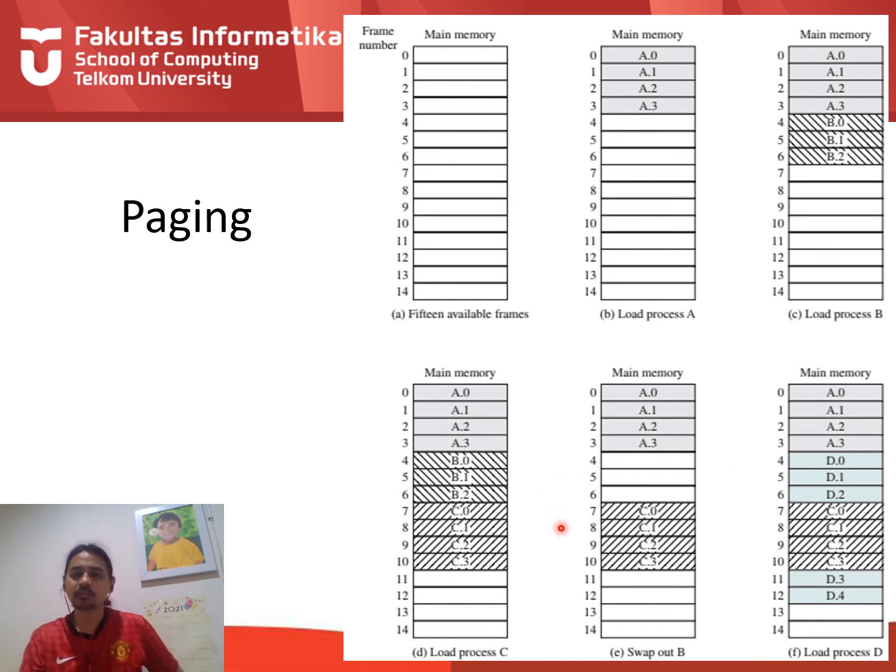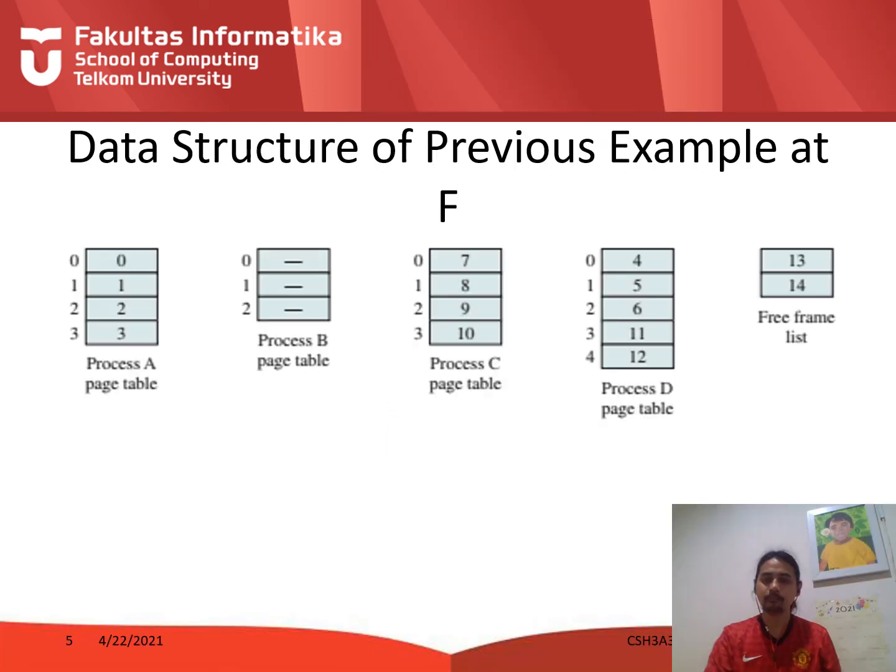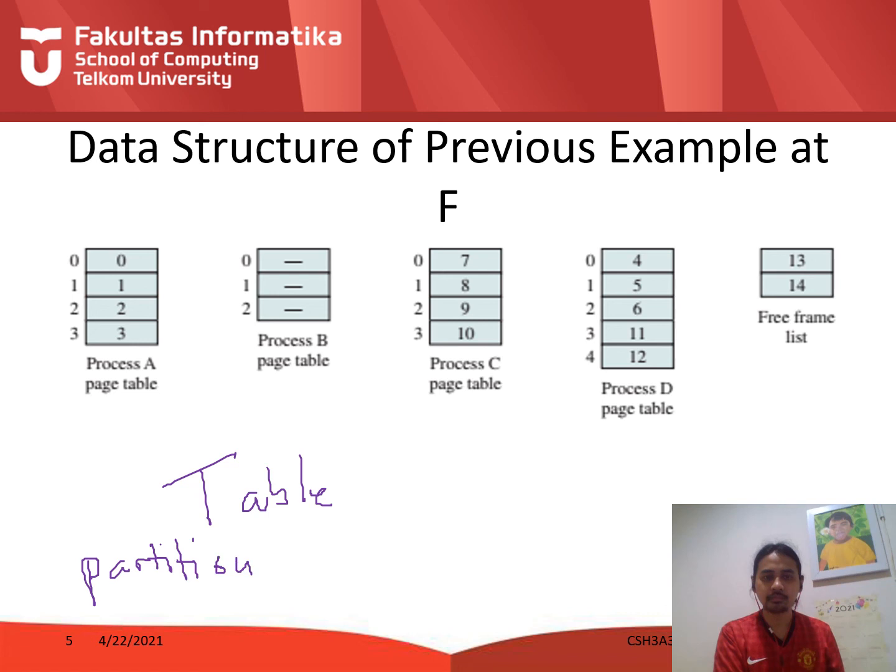All of them enter main memory at a certain address. So we have to know which page is in which memory address. So now we have a sort of table, and this table maps the page number to the memory address.